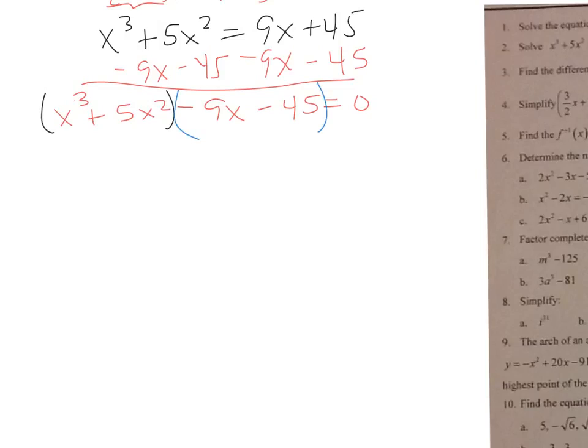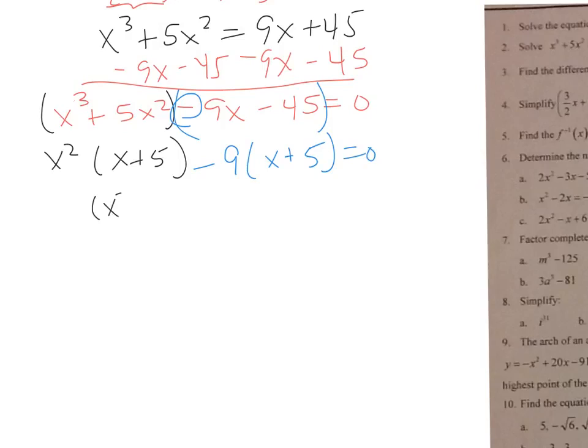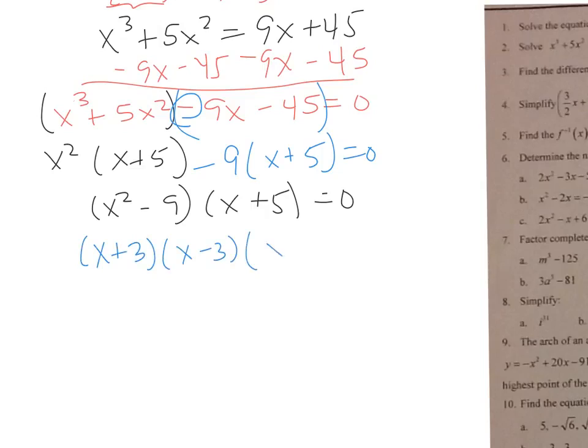I notice that the GCF of the first 2 is x squared, and I get x plus 5. There's a minus here, so I bring out the minus. The GCF is 9 times x plus 5. So my factors are x squared minus 9 and x plus 5. Again, in this problem I have the difference of 2 perfect squares, so I get x plus 3, x minus 3, and x plus 5 equals 0.